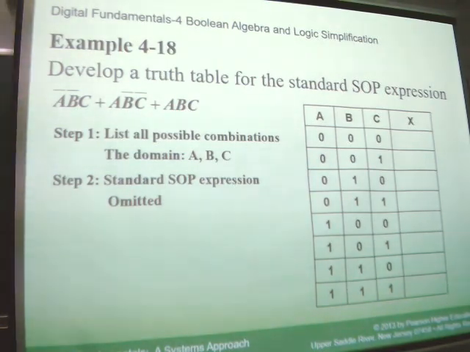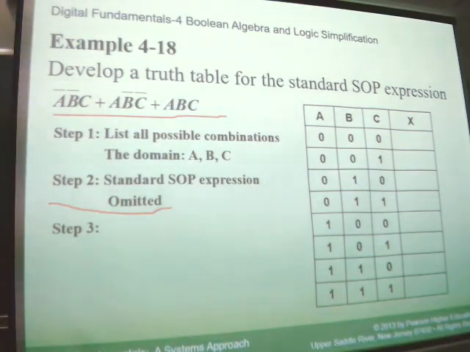So all possible combinations include 8, 2 to the power of 3 equals 8. And it is a standard SOP expression, so we omit this step.